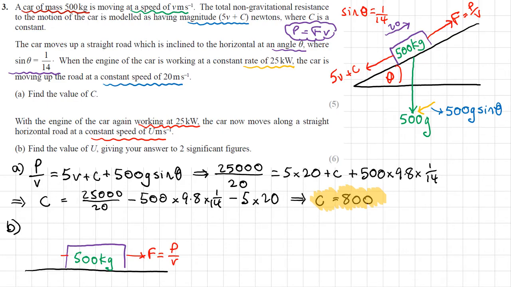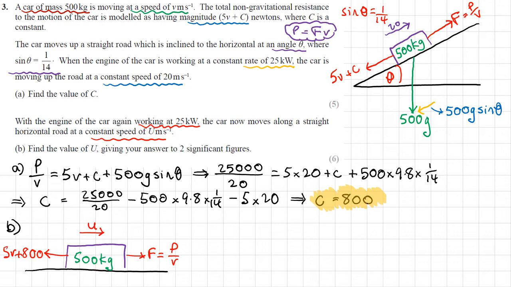Its resistive force, remember, is 5V plus C, and we've worked out C, so that's 5V plus 800, and we're told that it's moving at a velocity of u. So just like before, these forces are balanced, or the sum of the resultant forces is 0.